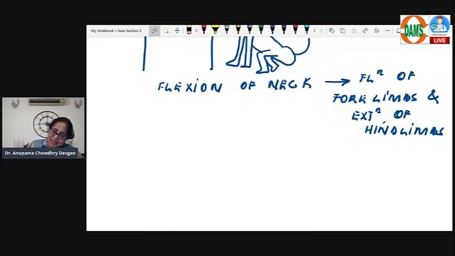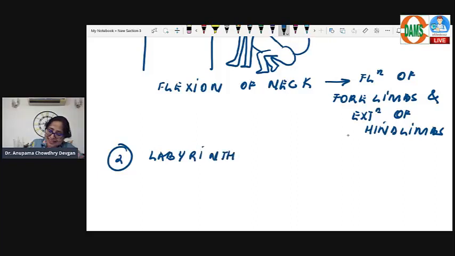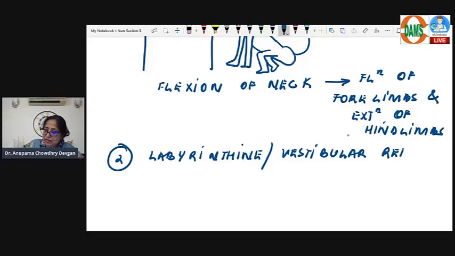Then you have a second category of medullary reflexes, which are known as labyrinthine or the vestibular reflexes.